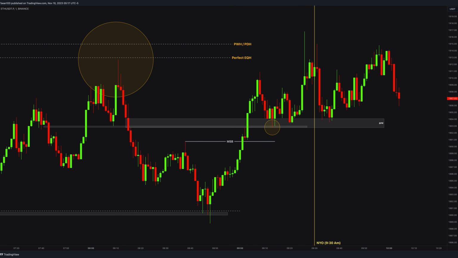The rest of the trade was easy enough. I know my direction and I know my entry area now. A simple long trade to take out previous day high, previous week high, and the equal highs after the super BPR point.